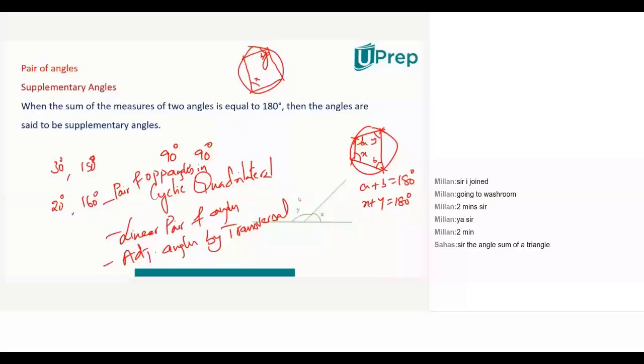Cyclic means on a circle. This pair of opposite angles will always be supplementary. Not only that pair, even the other pair also. A plus B will be 180. Similarly, X plus Y will be 180.